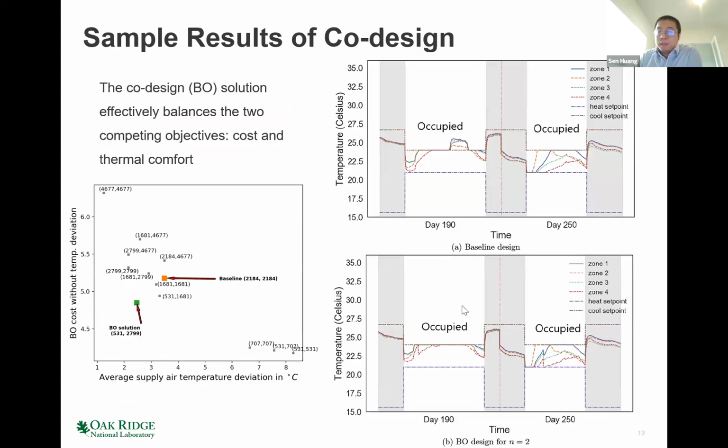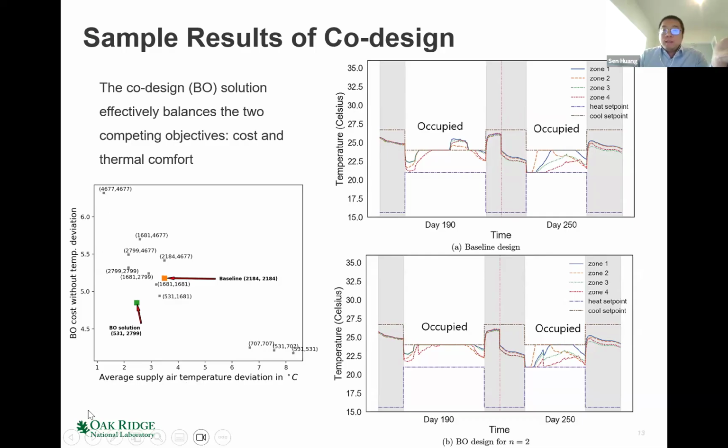So here are some sample results from that co-design process. The left one shows how good this co-design can be in terms of the objective function we consider. The x-axis is the supply temperature duration. We utilize the duration of supply temperature as an indicator of thermal comfort, because when we design the system, we have to make sure thermal comfort is met.